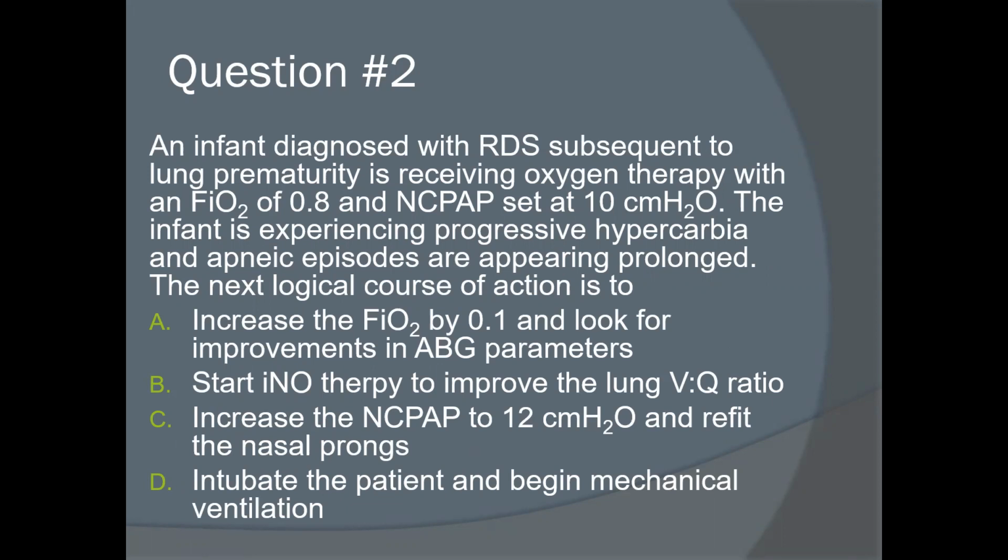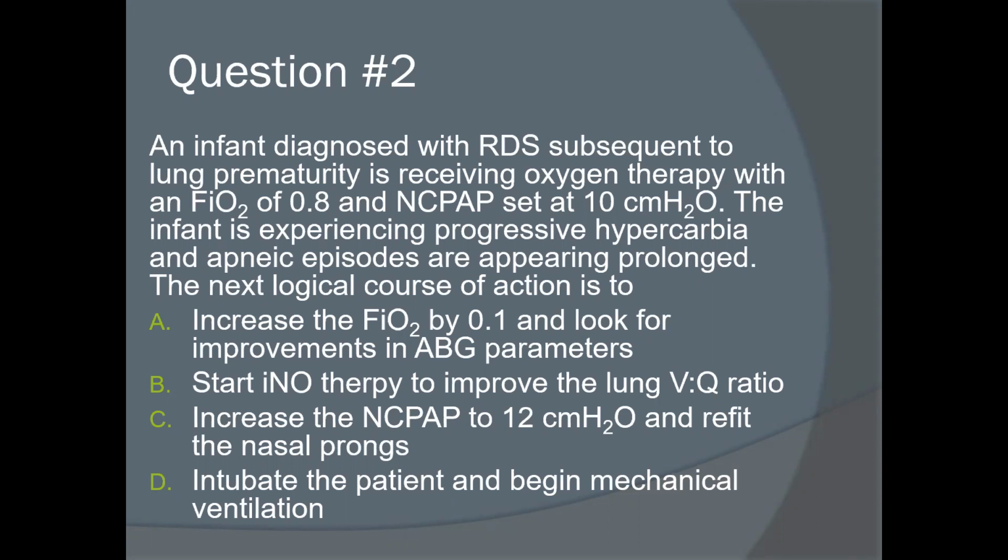Nasal CPAP is set at 10 centimeters of water. This is a bogus question. The infant is experiencing progressive hypercarbia and apneic episodes are appearing prolonged. The next logical course of action is to A, increase the FiO2 by 0.1. So that would be go to 90%.